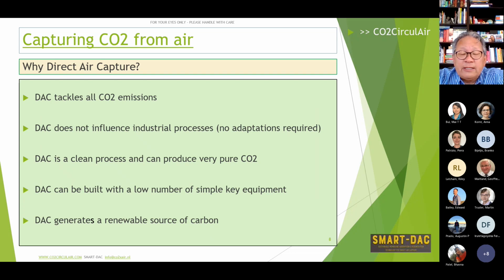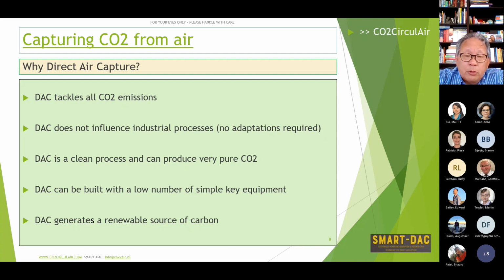If you take CO2 from air, you do not only focus on the industry, but you also look at aviation and everything that we as humans produce of CO2 as well.